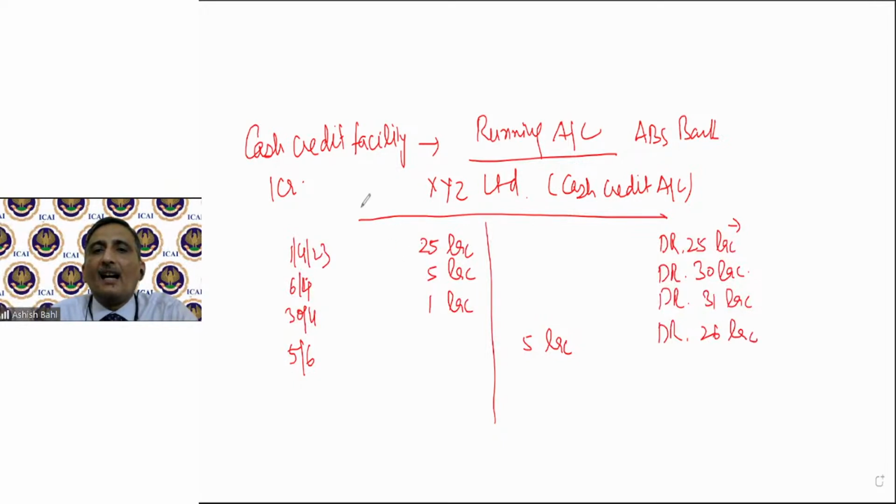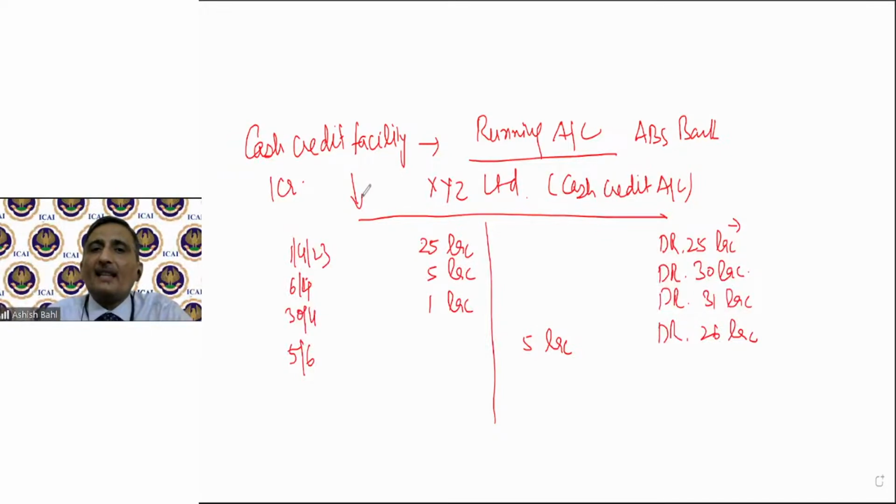So the advantage of having a working capital credit facility or cash credit account is that the borrower can use the money according to its own requirements.